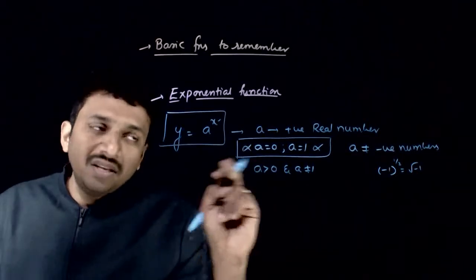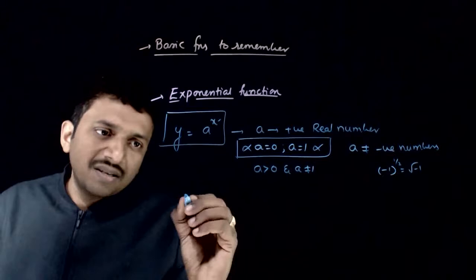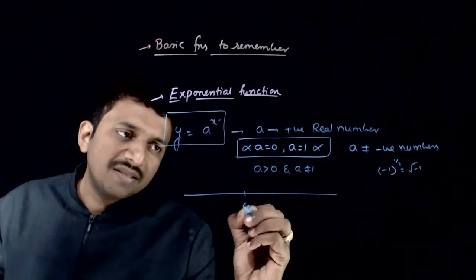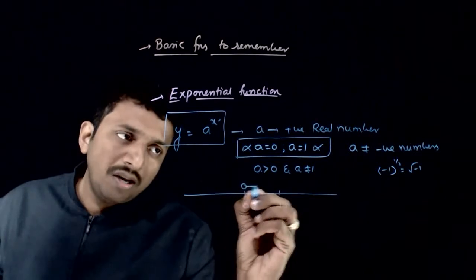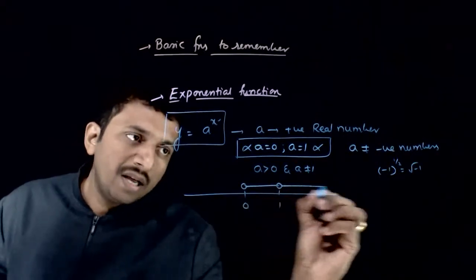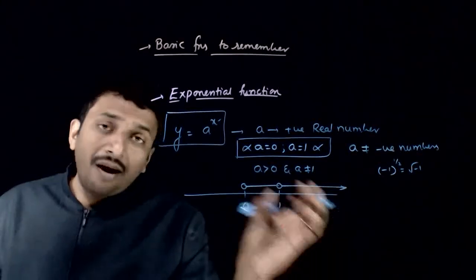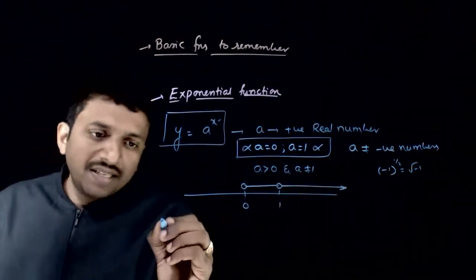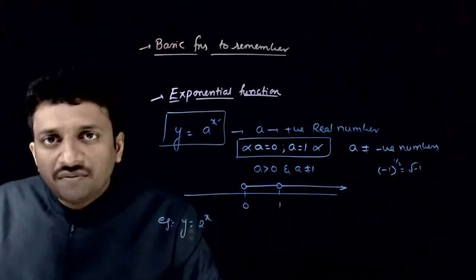We don't take base 0, we don't take base 1. So our base can be any positive number, but not equal to 0 and not equal to 1, up to infinity. That is between 0 to 1 or 1 to infinity. For example, y is equal to 2 power x is an exponential function.